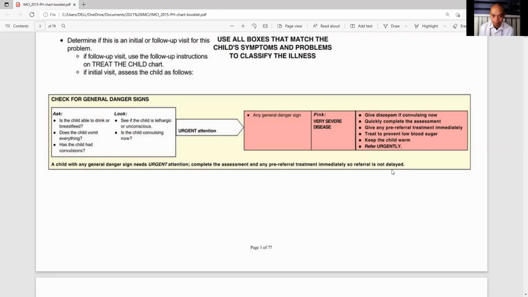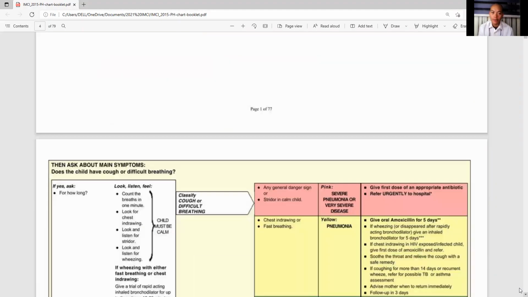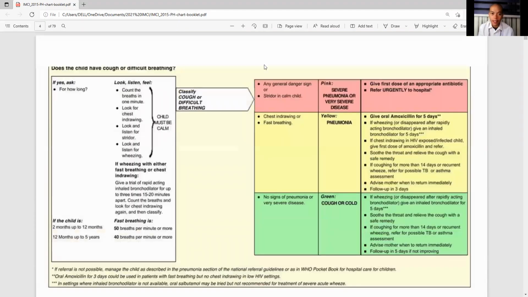But again, if any danger signs are present, it doesn't say just do this and then rush already, refer urgently, because if you see the second bullet, quickly complete the assessment, it means that we still have to go to the next page. But we have to do it quicker than when there are no danger signs.